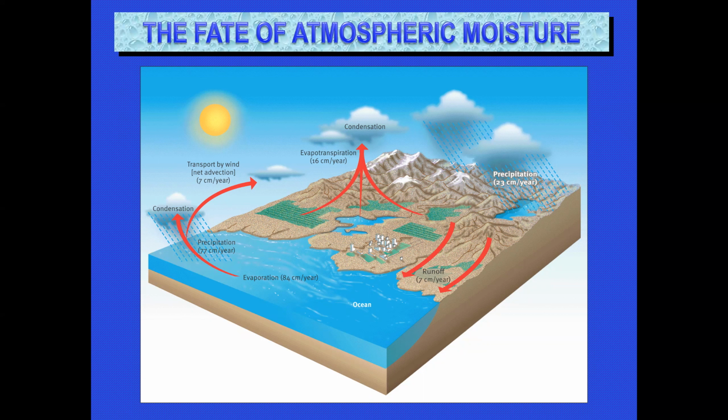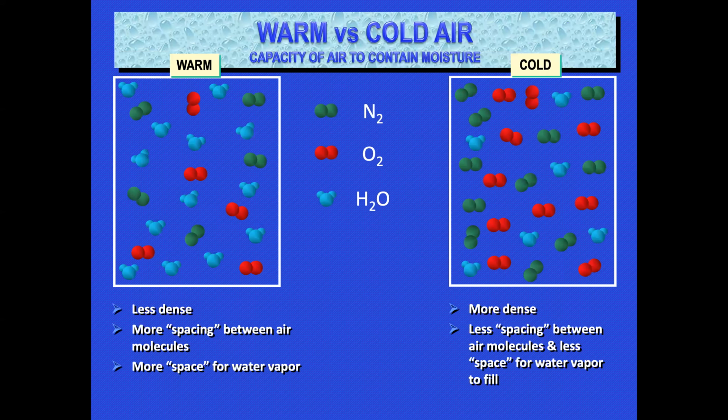Really, it's recycled pretty regularly. Although you don't have to remember this specific number, water lasts about 9 days in the atmosphere before it goes back. That's not a very long residence time, okay? So that's the idea of the hydrologic cycle.